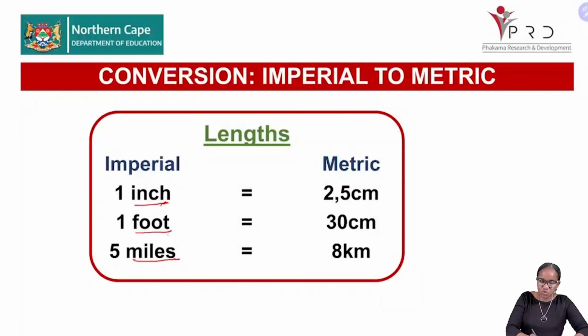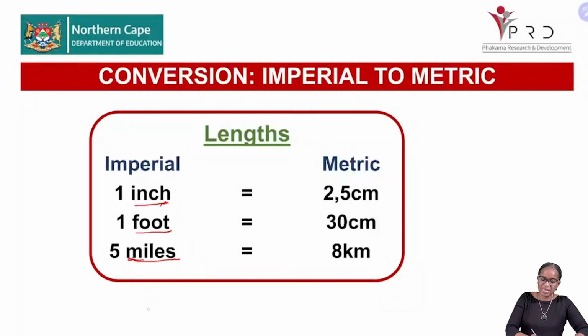Then we have feet. You've always heard about the size of graves, that they dig up to 6 feet underground. That's the measuring of the depth of a grave. Miles, you've heard about miles, although we're used to kilometers, there is also another unit of measuring distance, which is miles.